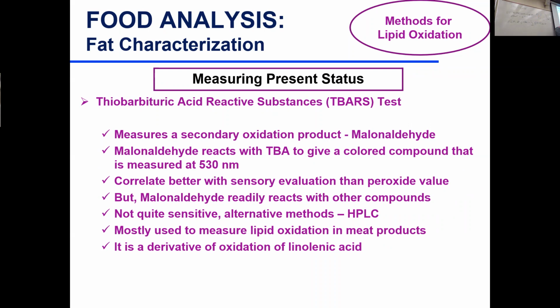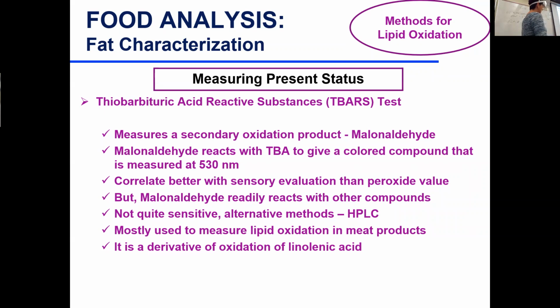Thiobarbituric acid, TBA, is the reagent that we use, and it reacts specifically with malonyl aldehyde, which is a derivative of linolenic acid. The oxidation of linolenic acid gives you specifically malonyl aldehyde.